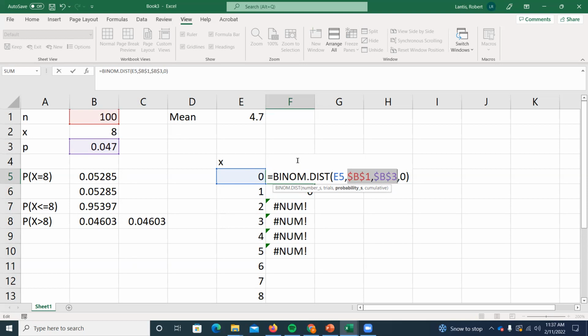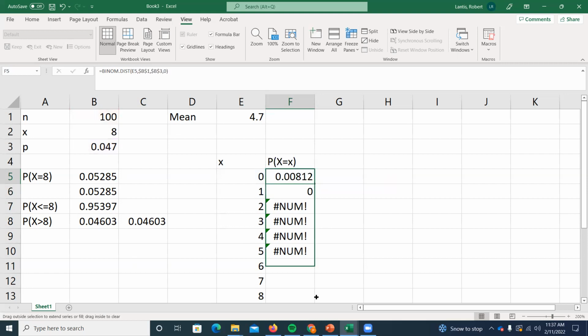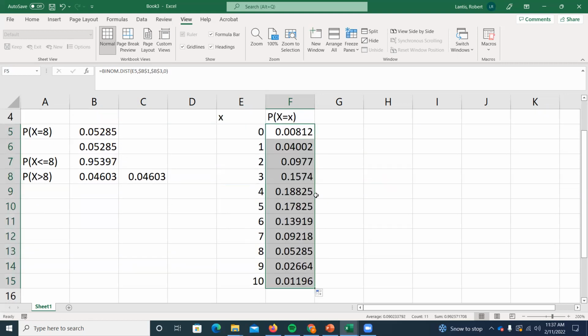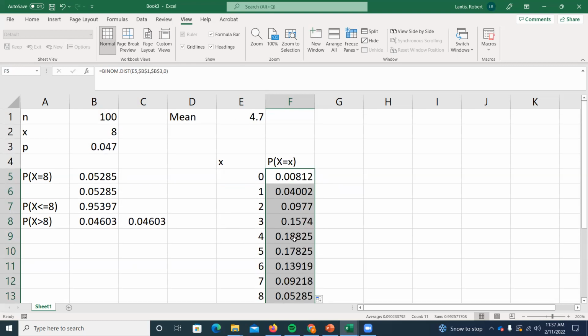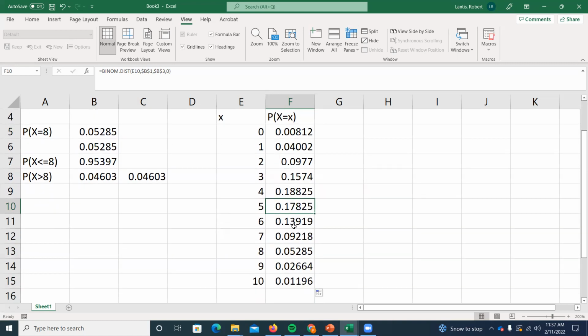Now, once I do this and copy it down, notice it lines up with what I would think. If the mean is 4.7, 4 and 5 here are the most likely outcomes, or have the highest probability of occurring. And as I move further from that value of 4.7, the probabilities decline. If I look at the left side, as I move further from 4.7, the probabilities are declining, and on the right side of that distribution as well.